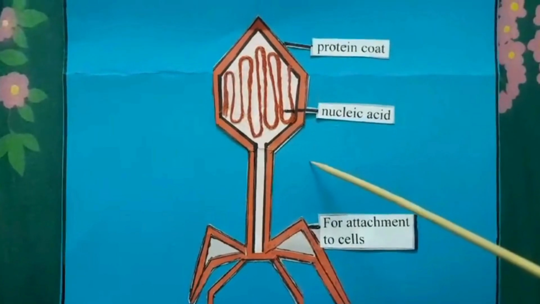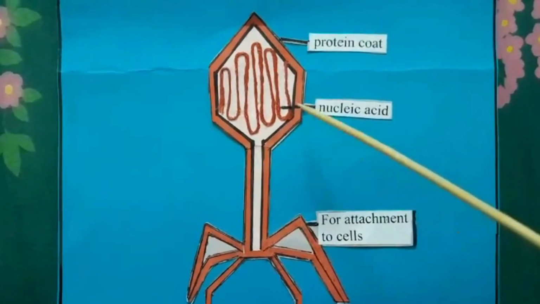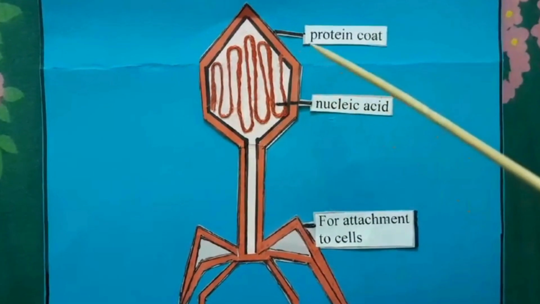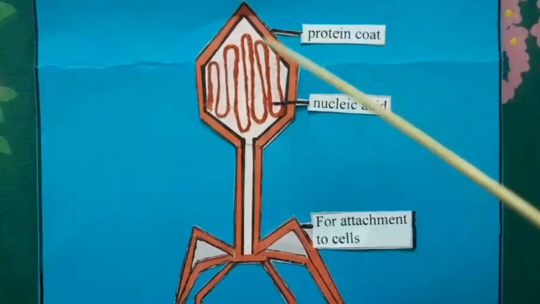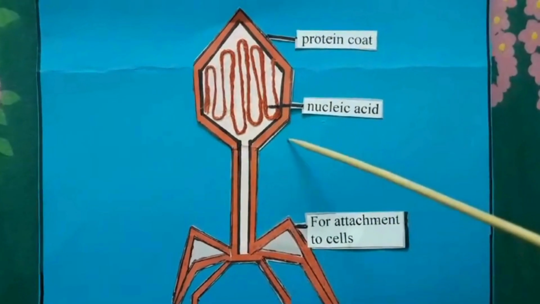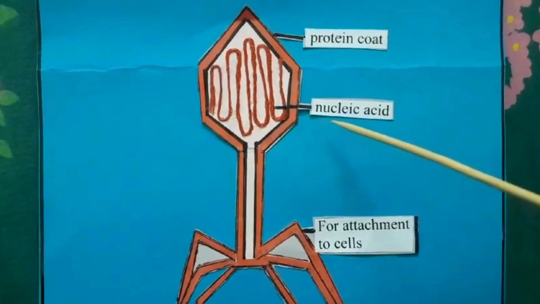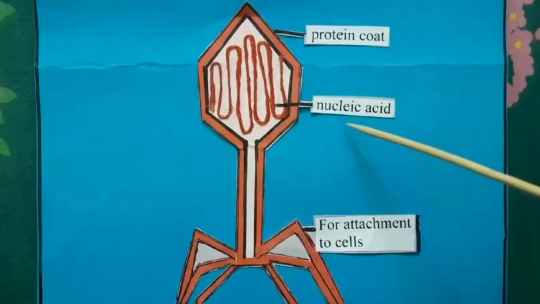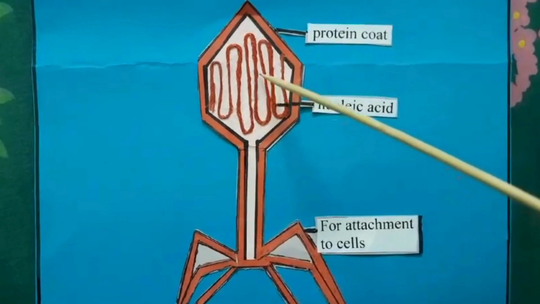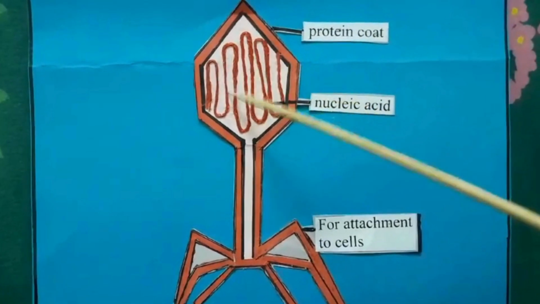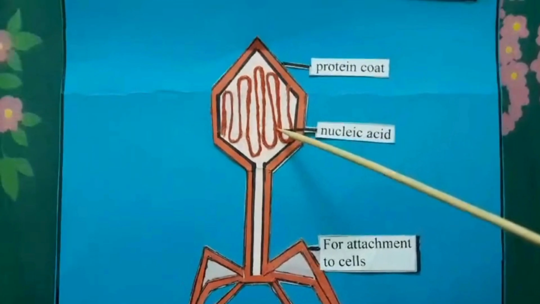Viruses are of different shapes. Whatever shape the virus has, its outer part is the protein coat, and inside there is the nucleic acid core, which may be DNA or RNA. This spiral part is the nucleic acid.